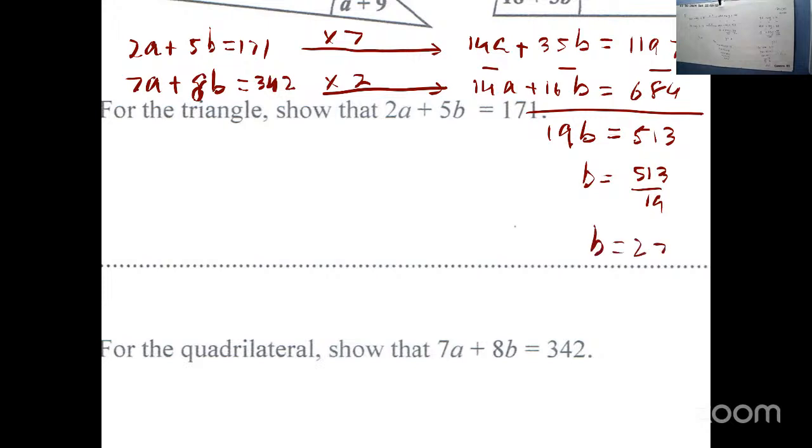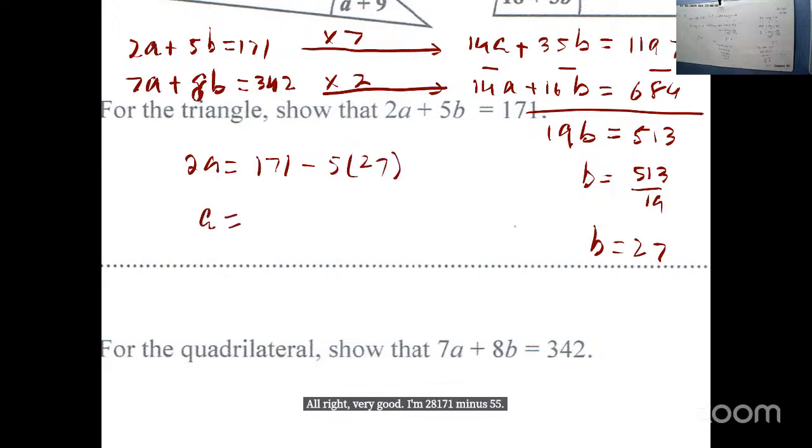Just over 27. Right, very good. And 2A is 171 minus 5 times 27. And 18 with 8. All right, nice.